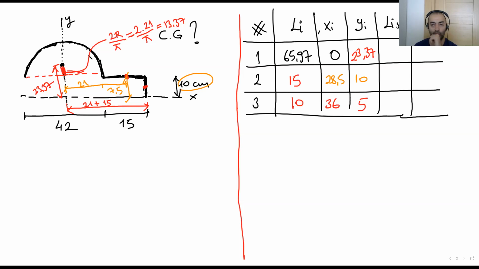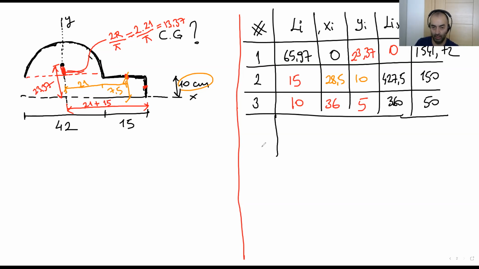Okay. So if we write this table, multiply all these numbers to each other, and this is 0. Let me fill all these gaps here. And 150, and this and this.